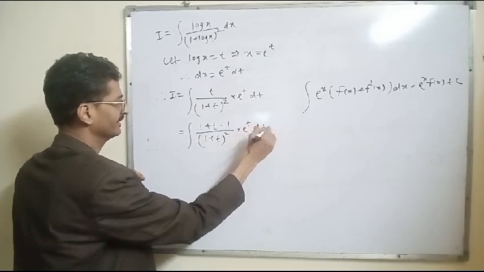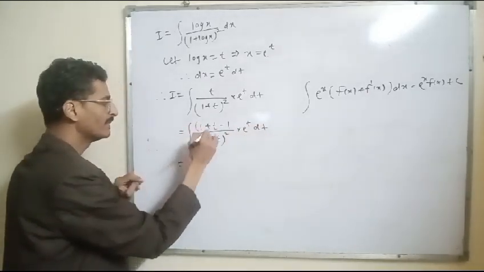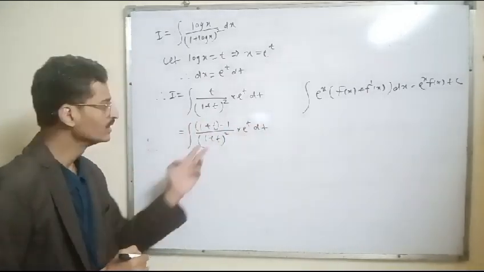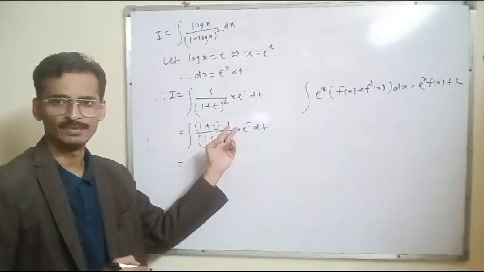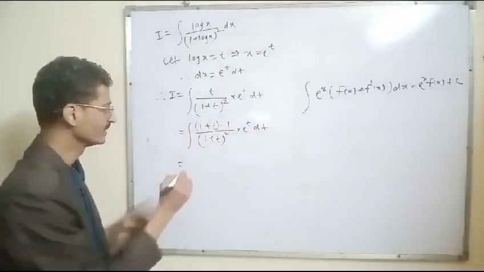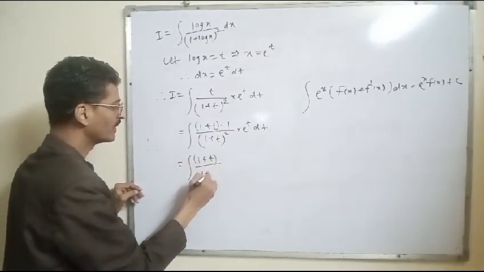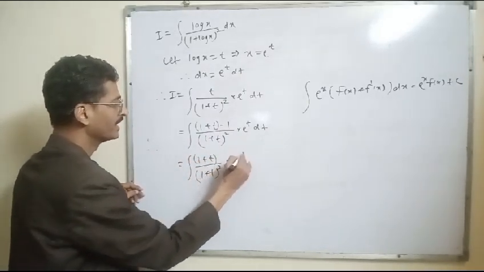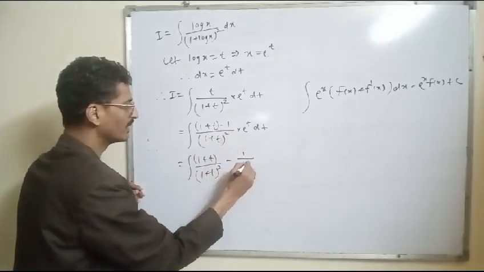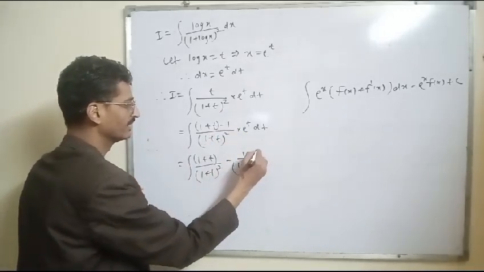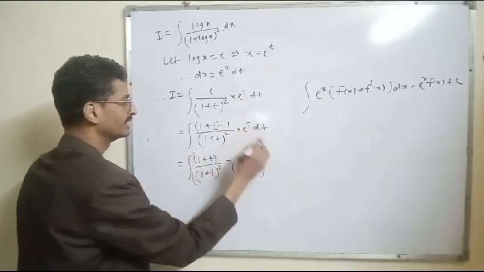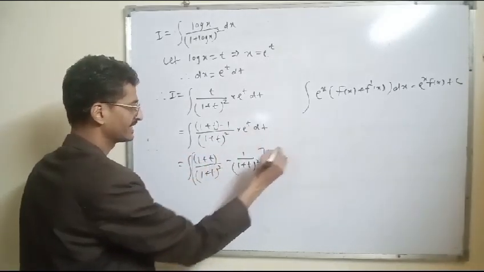So with this t we write plus 1 and minus 1, upon 1 plus t whole square, into e raised to t dt. Now for this 1 plus t you can write a bracket. Suppose this is a and this is b. For this, separate the base. So we can write 1 plus t upon 1 plus t whole square, minus 1 upon 1 plus t whole square. You can write a bracket here. This is e raised to t dt, that is the same.